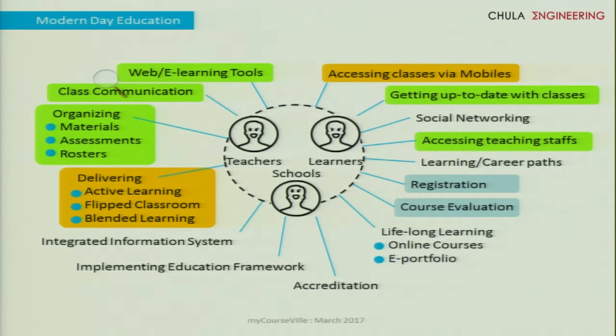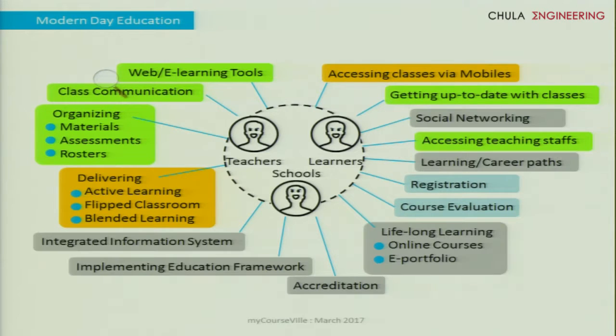And then there are things like social networking, career path, lifelong learning, accreditation, an information system that integrates everything together, and tools that support us in implementing education frameworks like CDIO. These are still left to be done. And it is hard to chop up and pick these pieces.